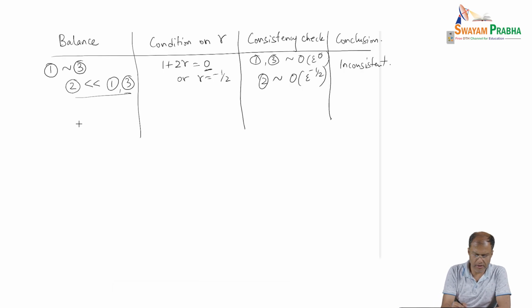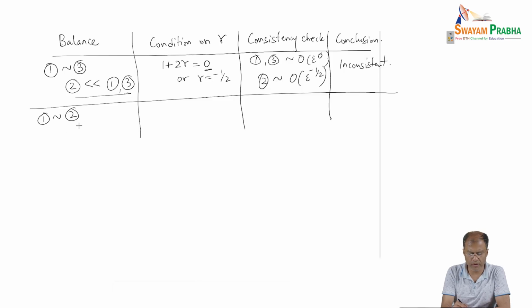So similarly, we assume the equality of term number 1 and 2, with the assumption that term number 3 is of order much less than 1 or 2 both.